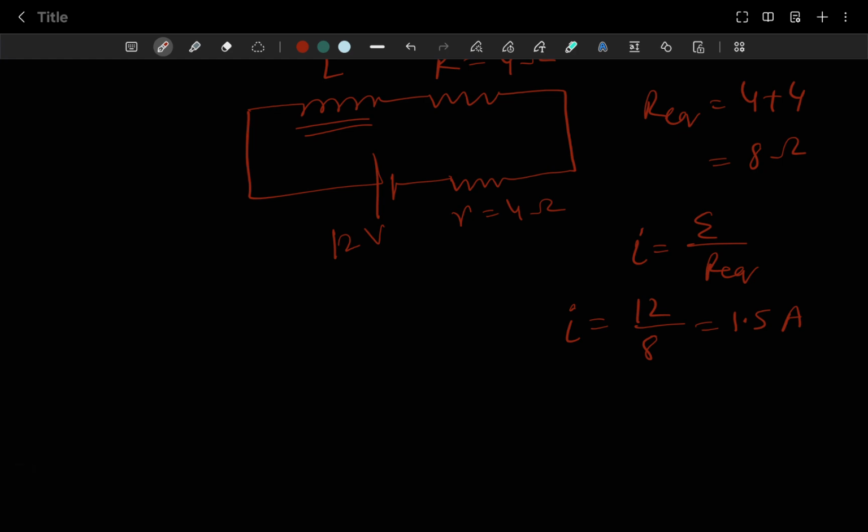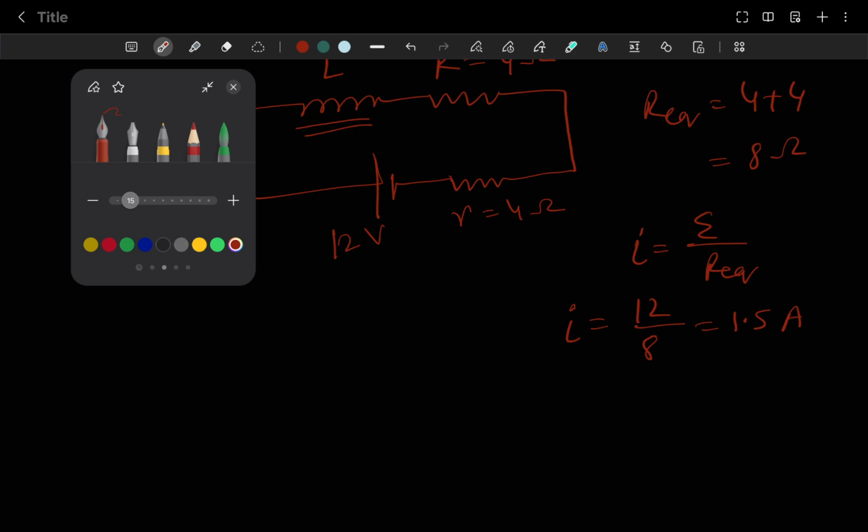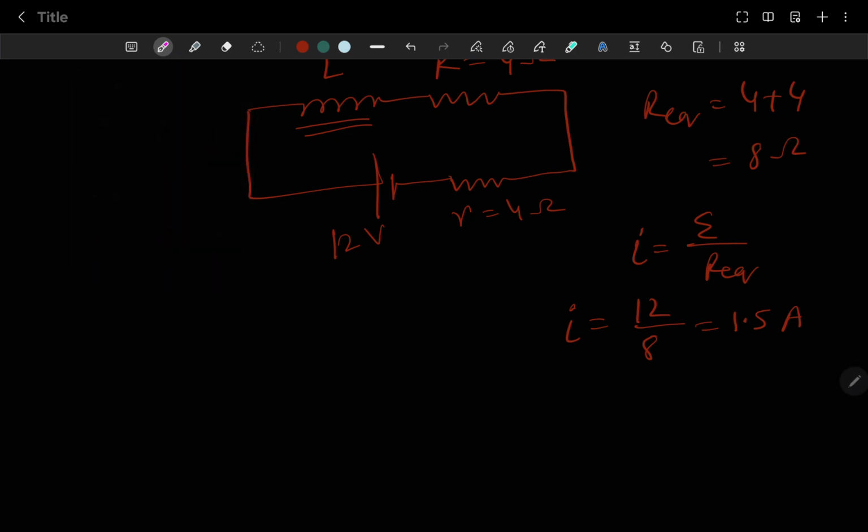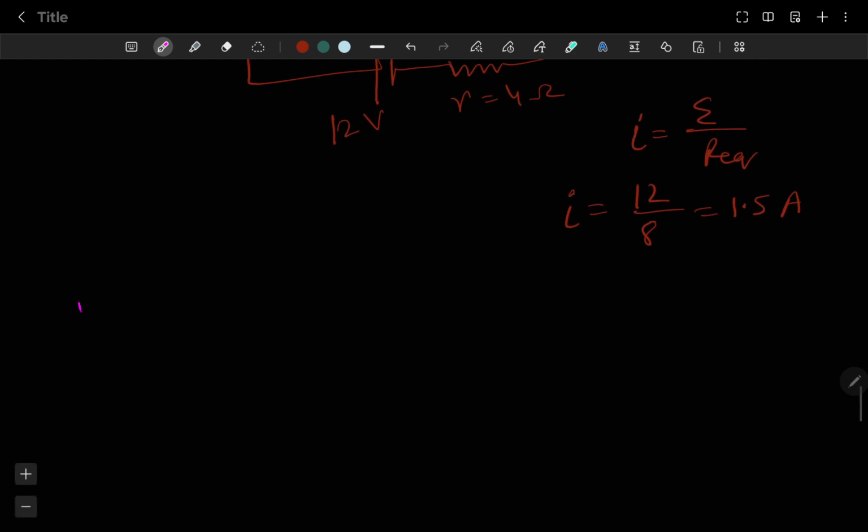Now let us do problem number 11. This type of problem is also very much important. I equals I0 t by tau.